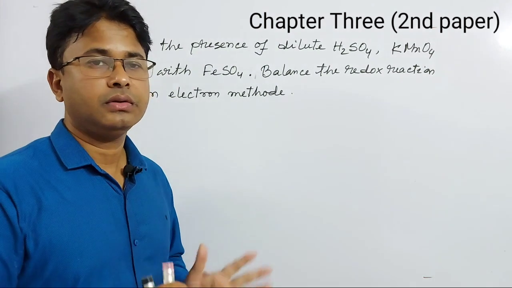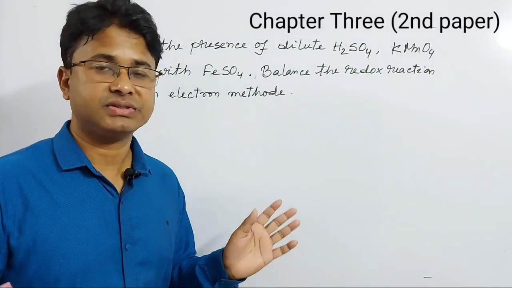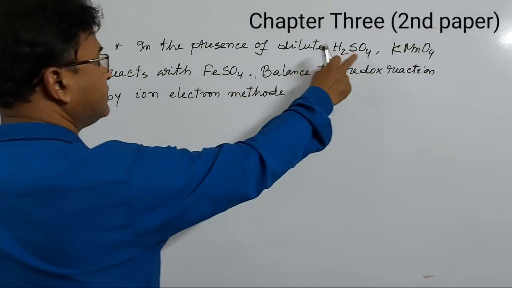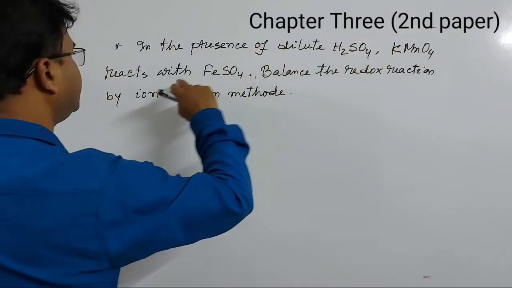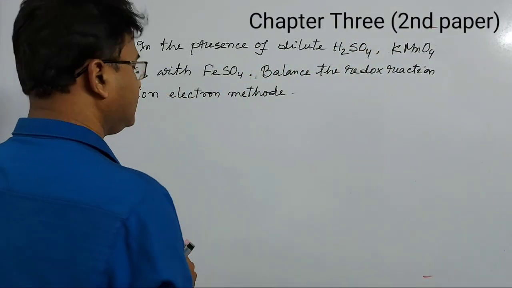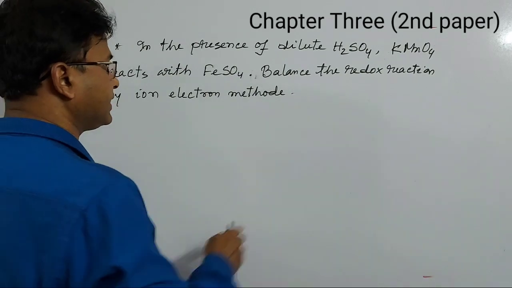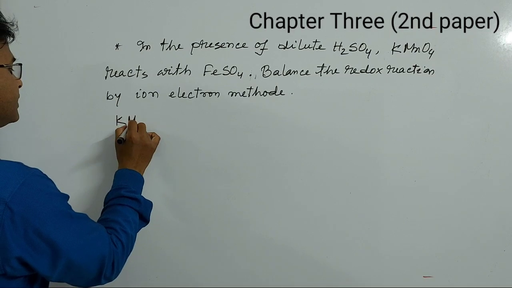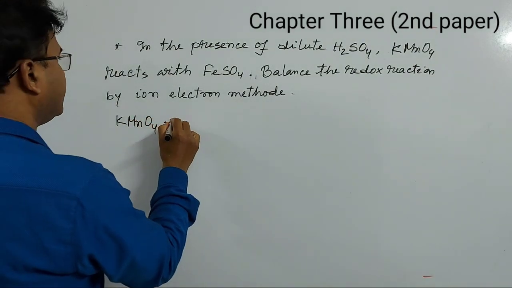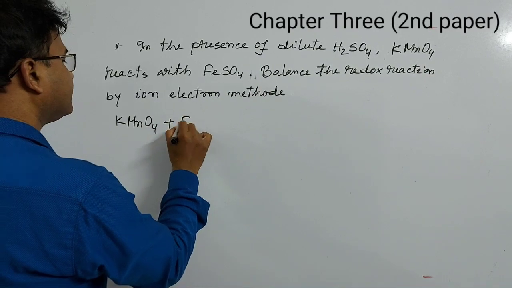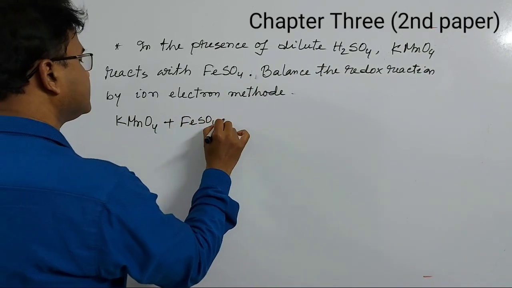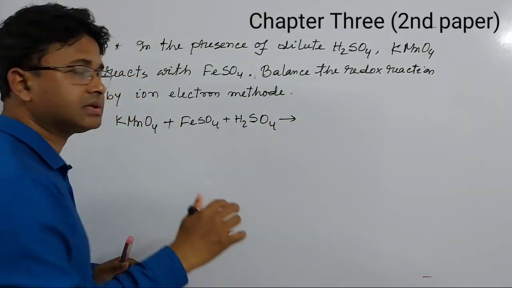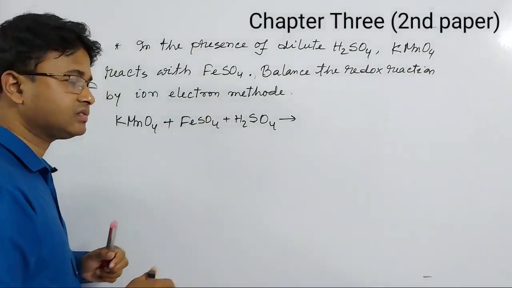Students, now look at the whiteboard. I am going to discuss another balancing reaction. In the presence of dilute sulfuric acid, potassium permanganate reacts with ferrous sulfate. Then first I have to write the reactants from the question. Potassium permanganate plus ferrous sulfate plus sulfuric acid, as well as I can write here the salts of all metals plus water.